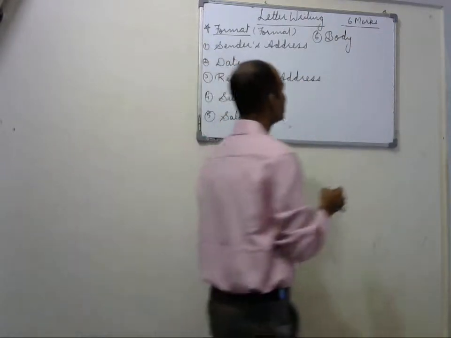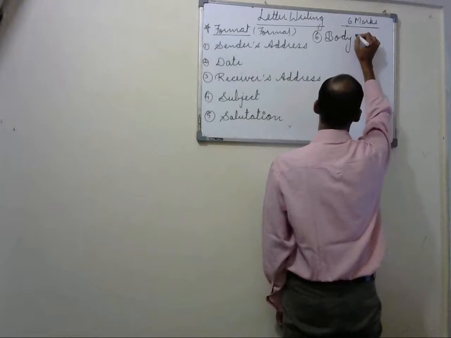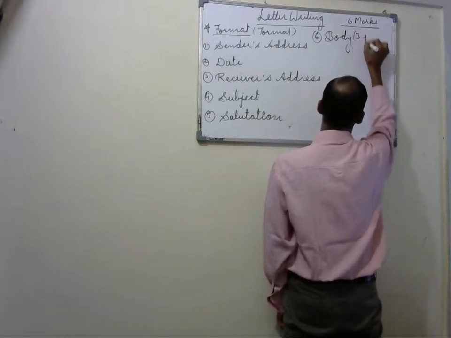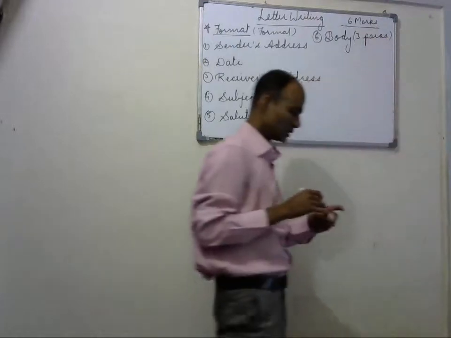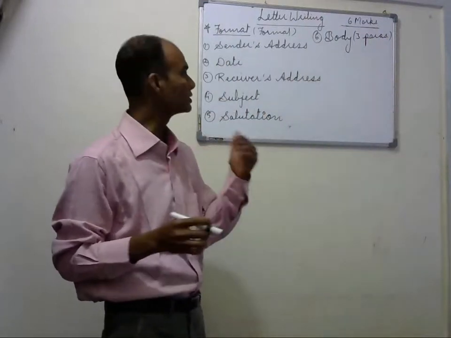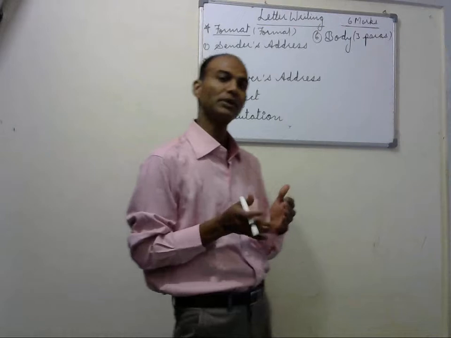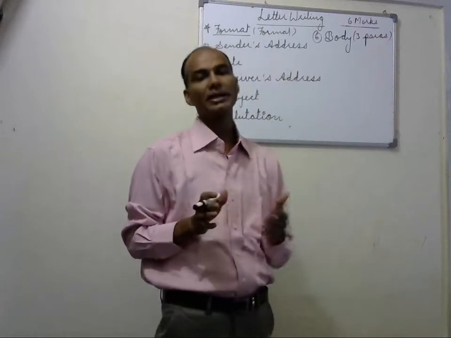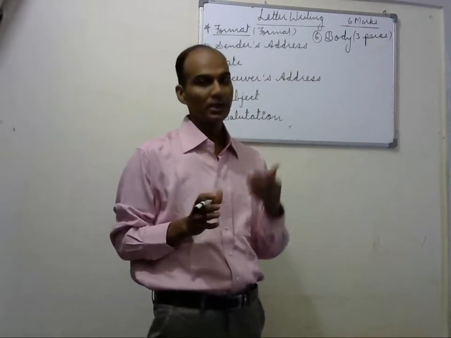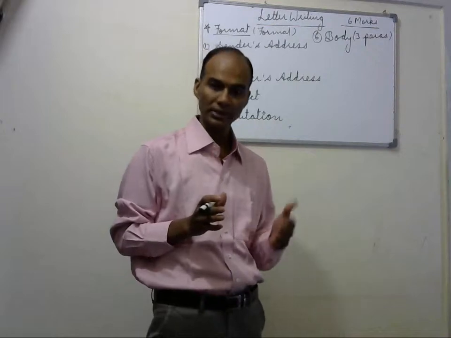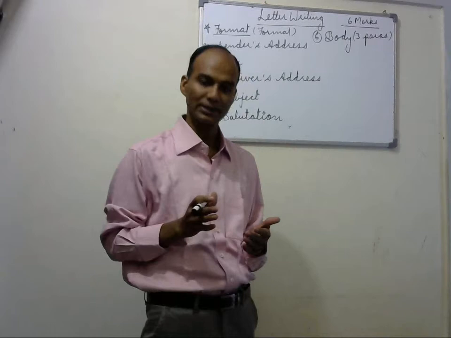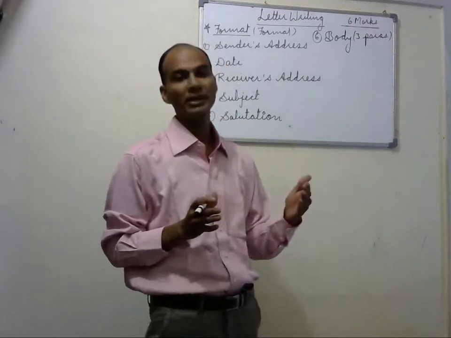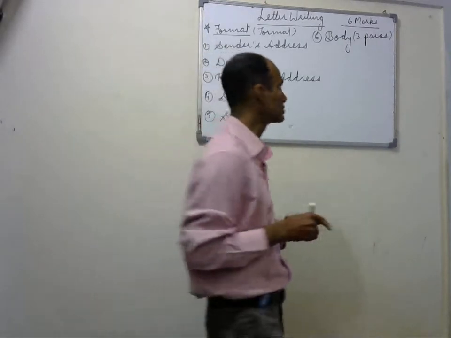This body should be divided into 3 paras. There should be at least 3 paragraphs in your letter. In the first, you will introduce the topic. In the second, you will explain or elaborate about the problems and things. And in the third, you will conclude your letter. So this way it should be divided in 3 paragraphs.